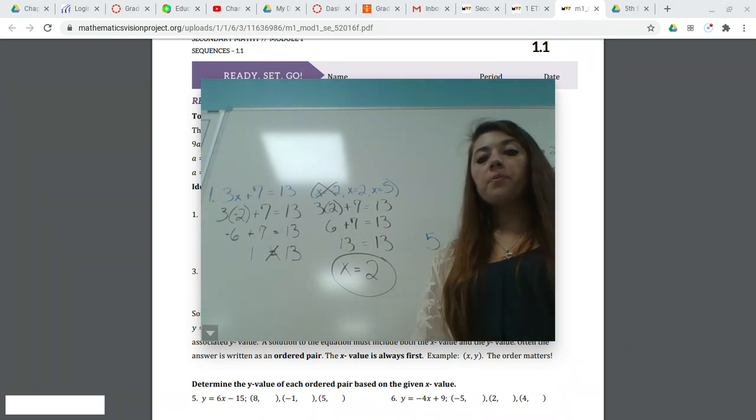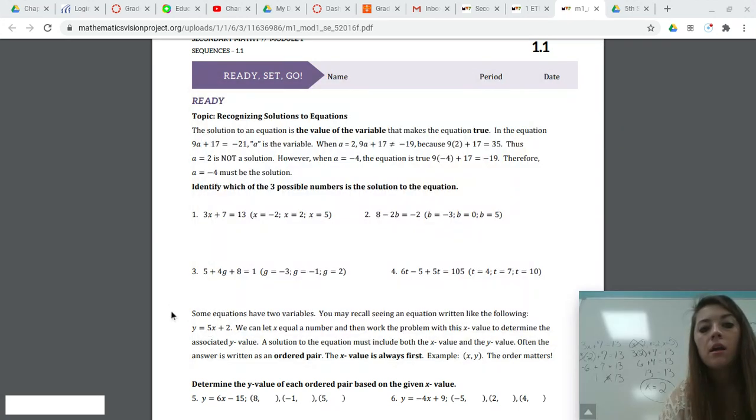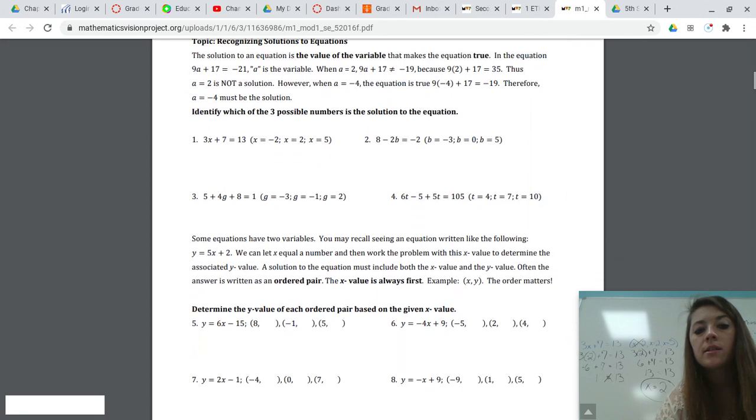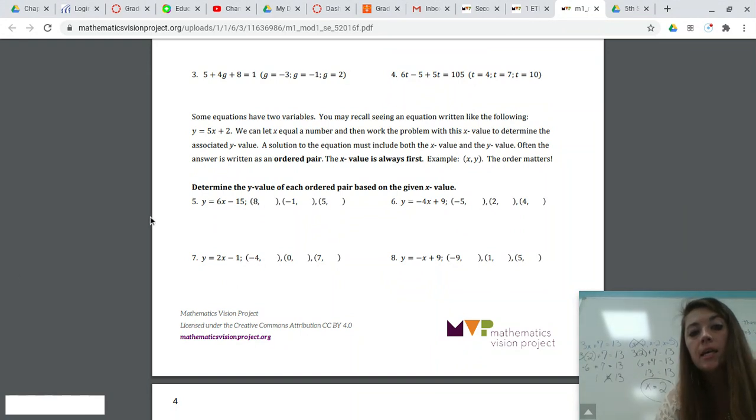Perfect. So the next section that we're going to take a look at is down here. On the first part, every single equation only had 1 variable. This second part has 2 variables. Some equations have 2 variables. You may recall seeing an equation written like the following: y equals 5x plus 2.